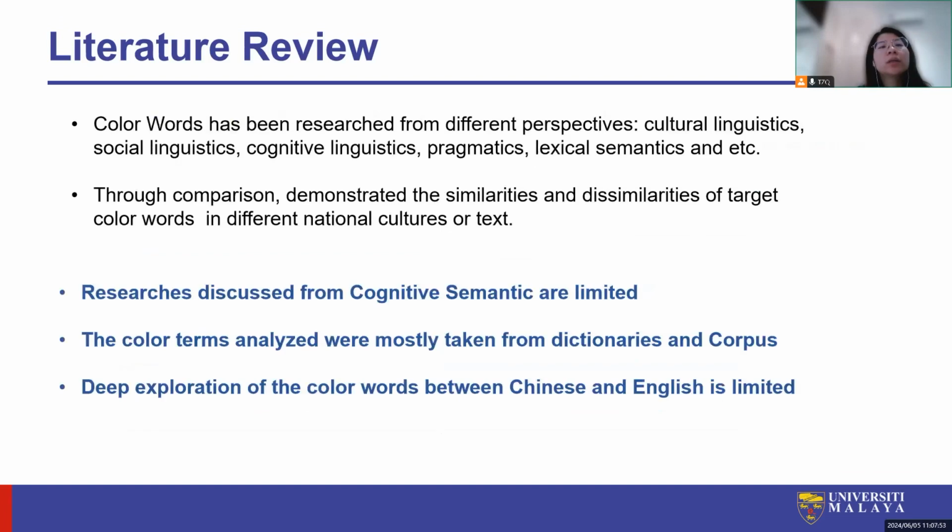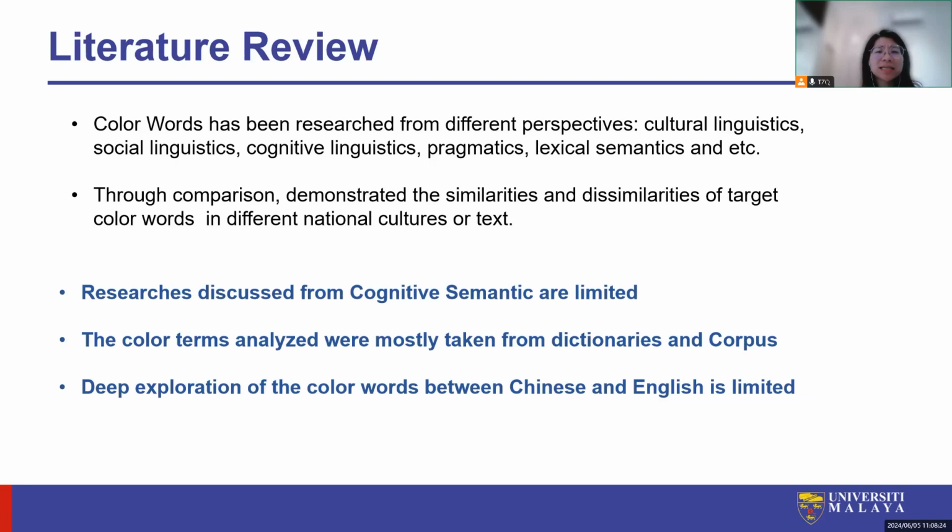So in conclusion, color words have been researched from different perspectives: cultural linguistics, social linguistics, native linguistics, pragmatics, and lexical semantics, etc. And we can find that most of the research usually uses comparison and tries to show the similarities and dissimilarities of target color words in different national cultures or texts.